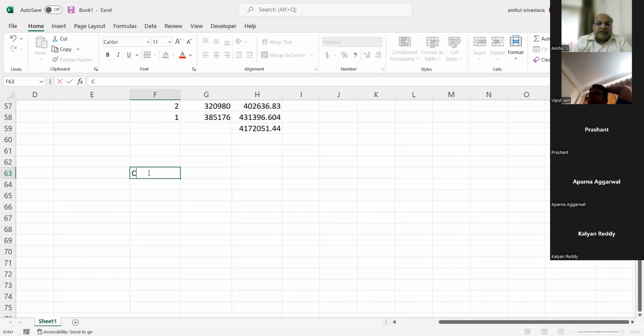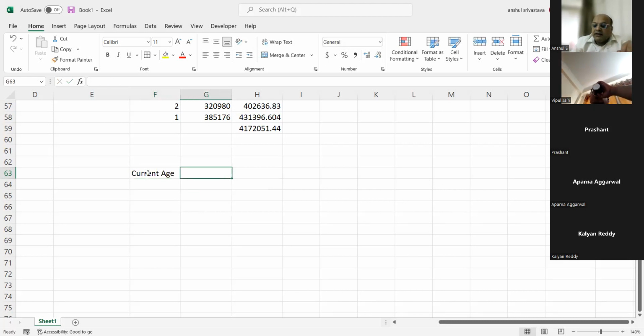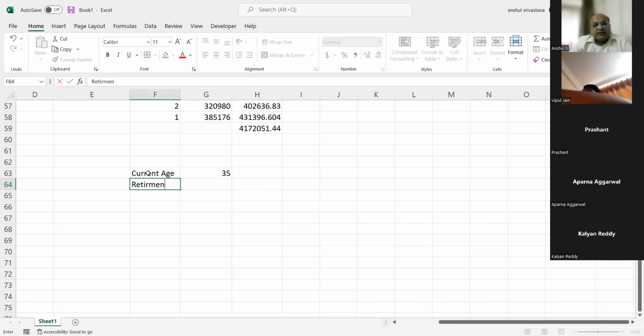Look, your corpus is, or let's first get a corpus like Aparna is saying, and then we'll do this. Okay. Let's say current age is 35 years. Retirement age is 60 years.